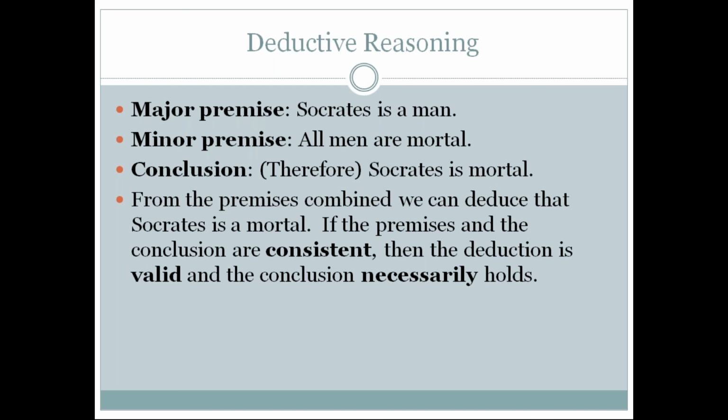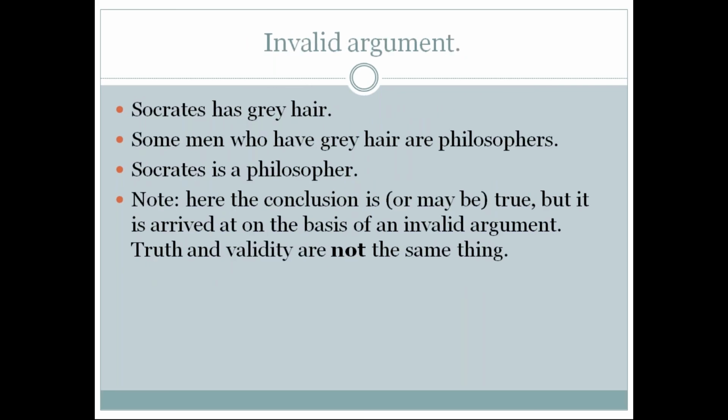And if the argument does not seem to meet the conditions of the pure deductive form as expressed in this argument, then there'll be something wrong with it. So an invalid argument: Socrates has grey hair. Some men who have grey hair are philosophers, therefore Socrates is a philosopher. You can all see there why that doesn't follow.